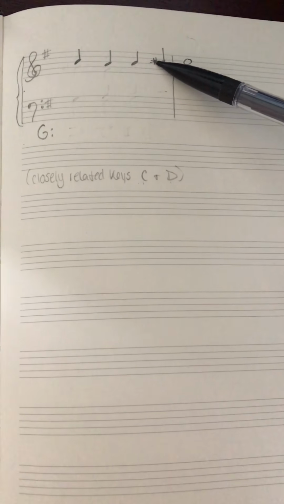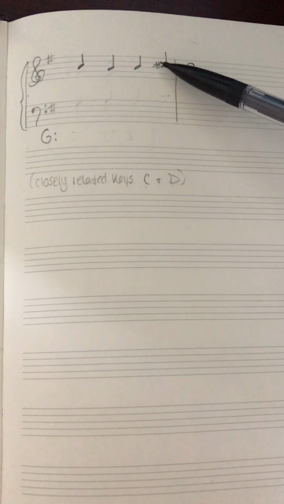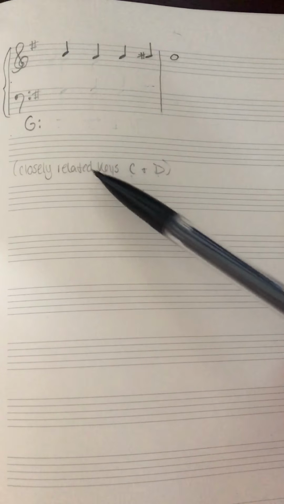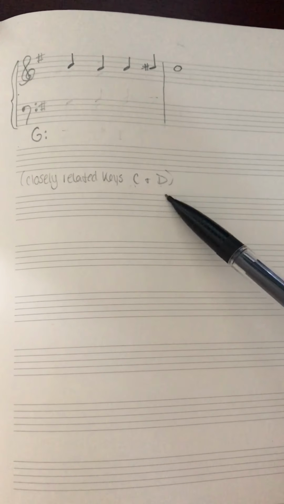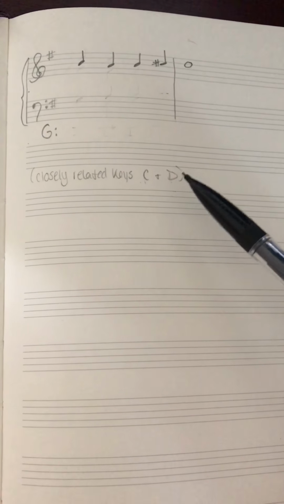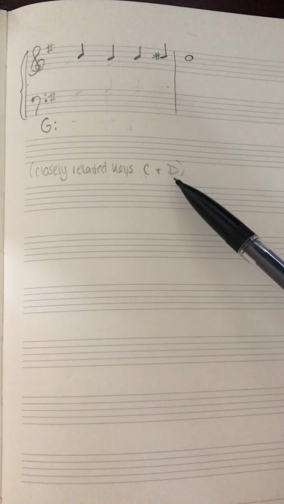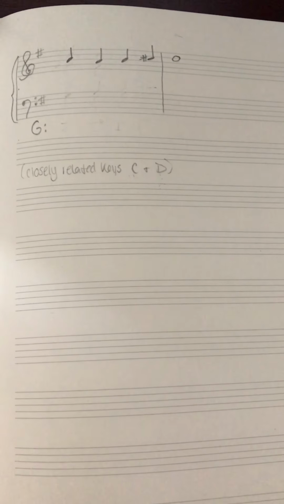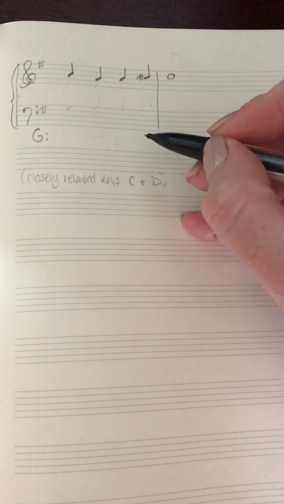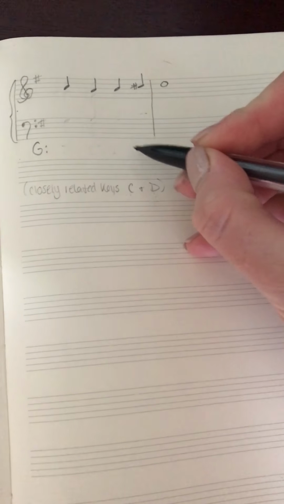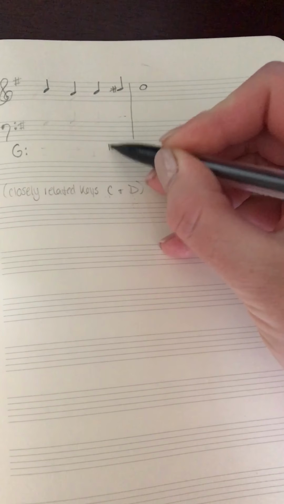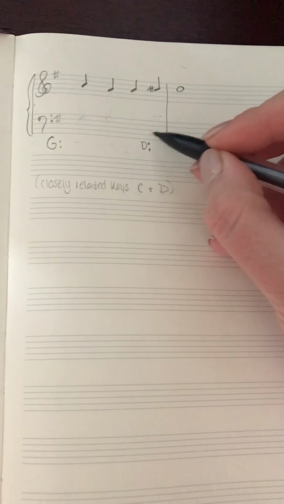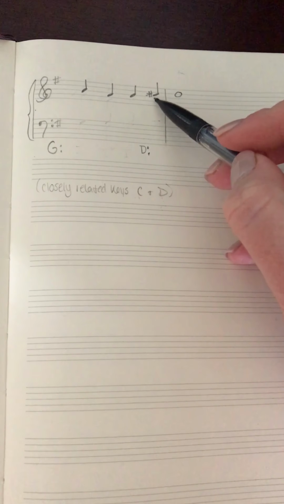So you have to ask yourself, does this C sharp in combination with what we have in the key signature, F sharp, match the key signature for either of these closely related keys? Yes, it does. The answer is D. D has both F sharp and C sharp in it. So at that moment in time, our key is going to turn into the key of D major, and it has modulated, starting with that note.